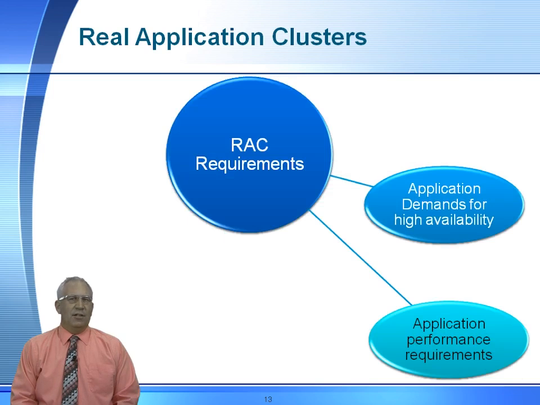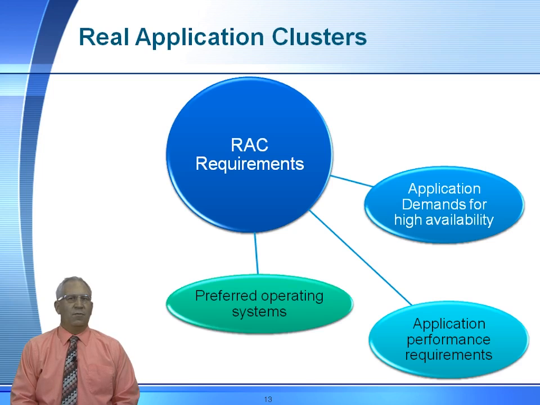So for those applications that require high availability or virtually zero downtime, they have high performance requirements, then you would want to introduce the RAC environment. The RAC environment can sit on top of Linux, Unix, and/or Windows. So the first thing you would look at is, does this application have a requirement to be up and running 24/7?